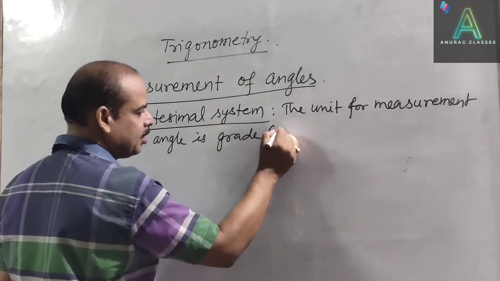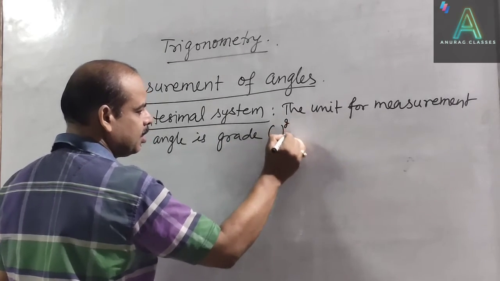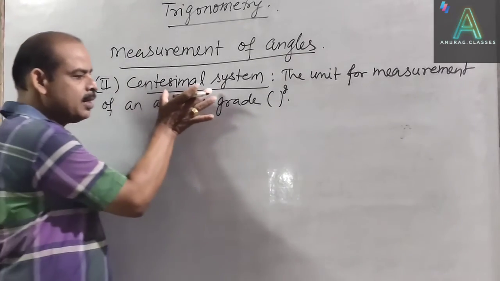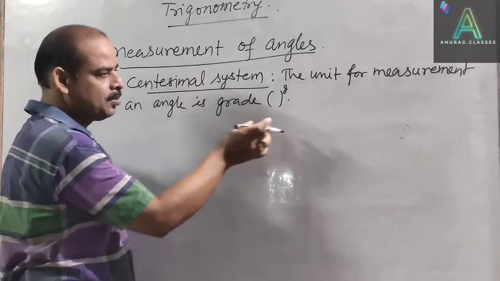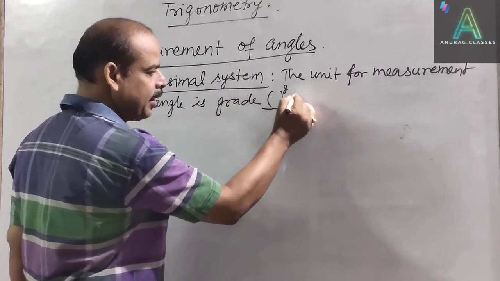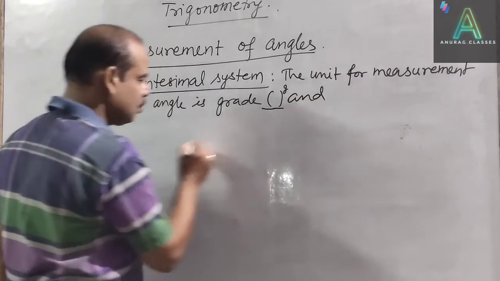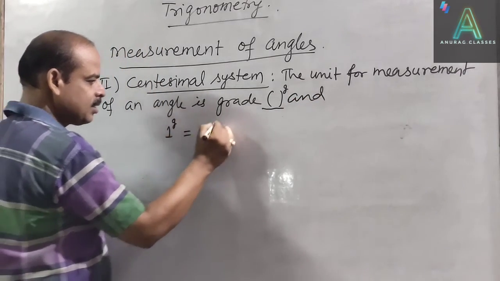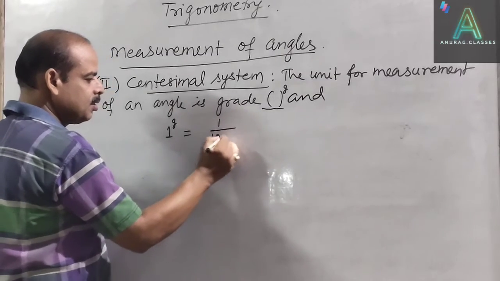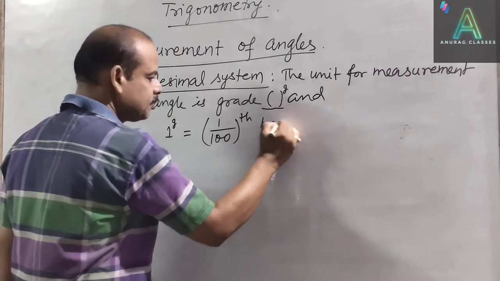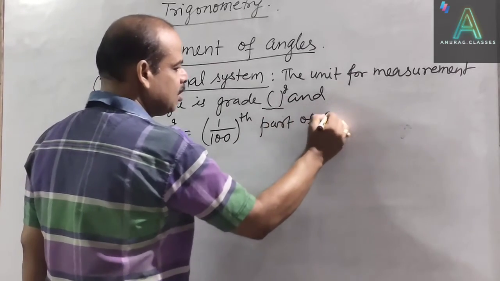We write like this, grade. So students, in centesimal system, the unit for the measurement of an angle is 1 grade, and 1 grade is defined as 1 by 100th part of a right angle.